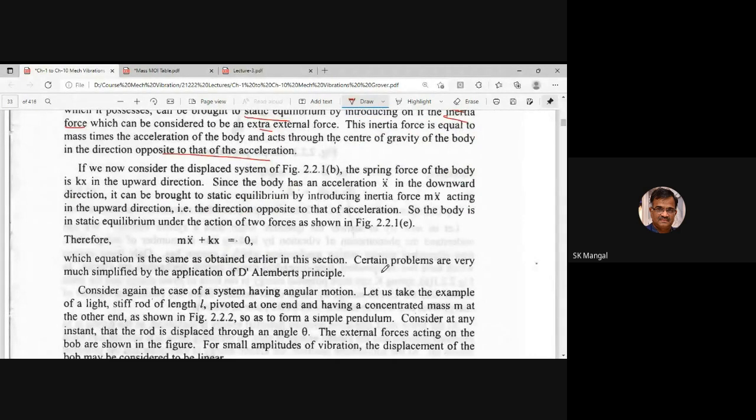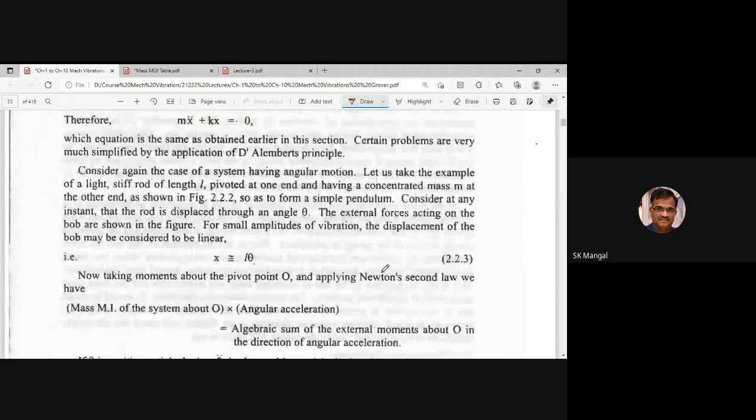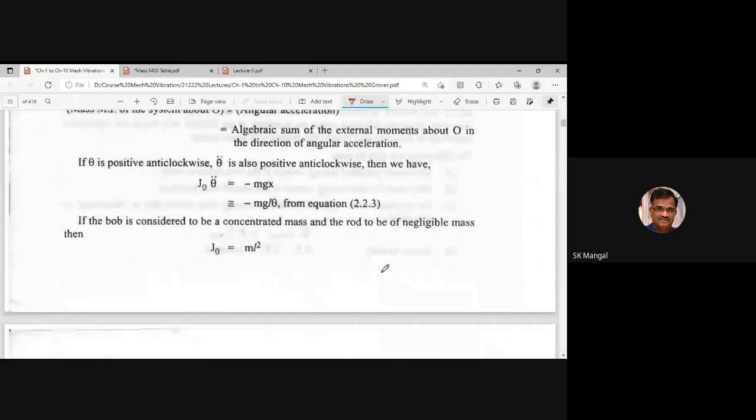Now let us have one problem here. This is a simple pendulum. Again, you can apply Newton's second law here, and this is the mass of the small pendulum m, and this is the string to which this mass is attached.